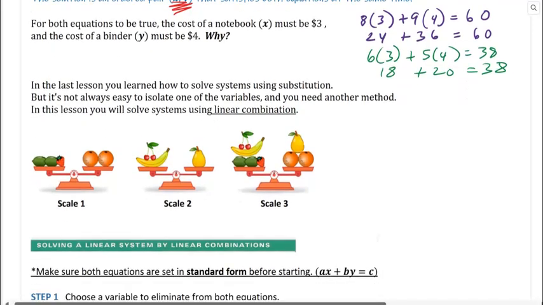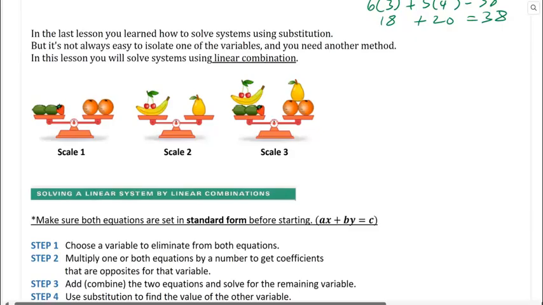Now, these scales that you see here demonstrate how elimination makes sense. I've got 2 limes and a strawberry that are the same weight as 2 oranges. And in the second scale, I have 2 cherries and a banana that weigh the same as a pear.